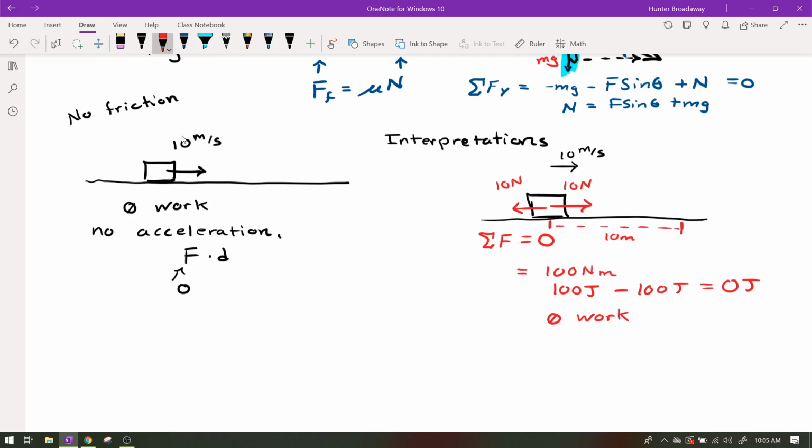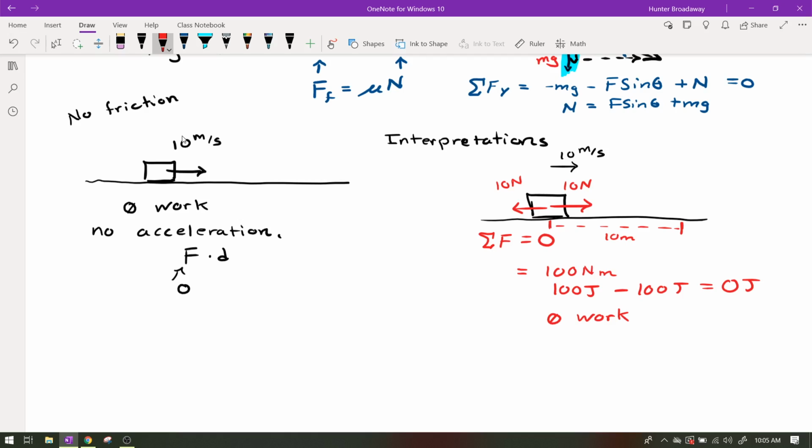The reason I say 0 work is because there is actually a transfer of energy happening here. If I said no work, you start immediately thinking in your brain that no means nothing's happening, but something is actually happening here. It's just that the work being done is being counterbalanced by friction. So I like to say 0 work and not no work.